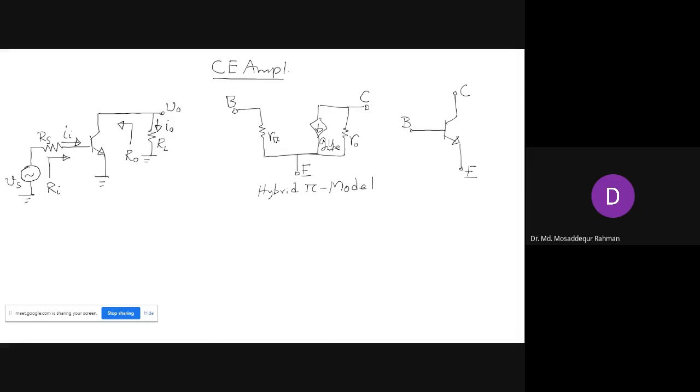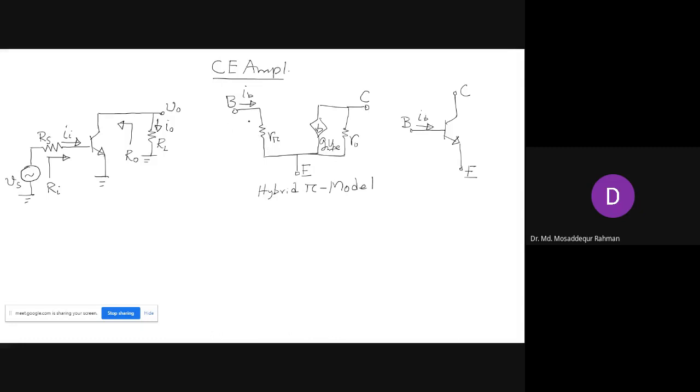Now, R pi is the resistance between base and emitter. Since this is our base terminal, the current flowing here is IB. So in the pi model, we are looking from the base side.